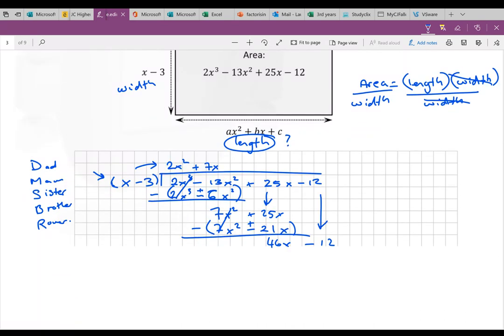X goes into 46x 46 times. I feel like I've made a mistake here, have I?